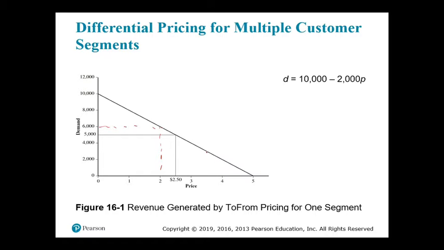If we charge a price of $3.5, then we may end up with a demand of 3,000. So there are basically the amount of customers that are captured in this segment are customers who are willing to pay more than $2.